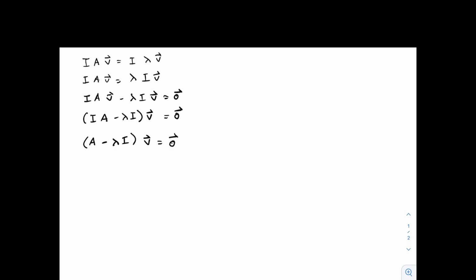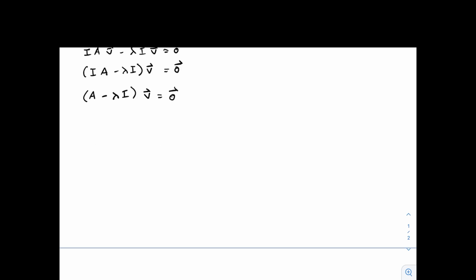We are going to assume that v does not equal the zero vector, because if v is indeed equal to the zero vector, then anything times the zero vector is the zero vector, and we don't have a unique value that maintains this kind of relationship. So the vector v, we're assuming, does not equal the zero vector.